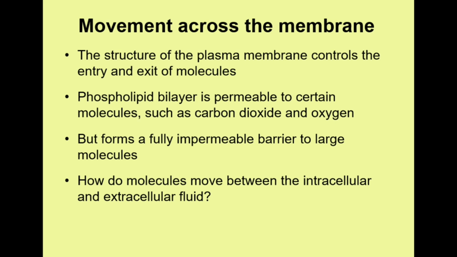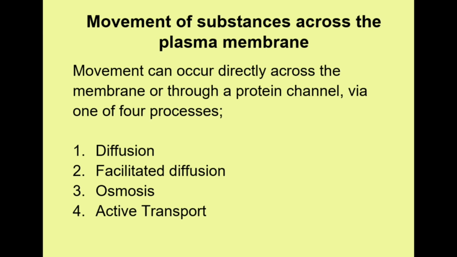So how do molecules move between the intracellular, that is the inside of the cell, and the extracellular, that is the outside of the cell, fluid or environment? That's what we're going to explore next.